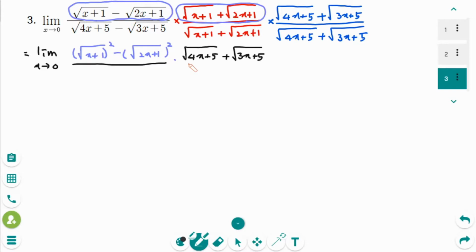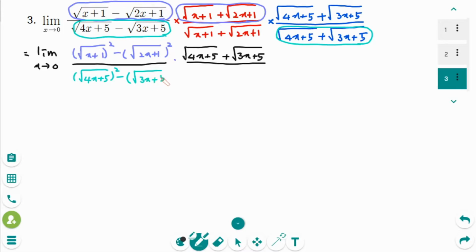Over, in the denominator, expand these two. So square root of 4x plus 5 squared minus square root of 3x plus 5 squared, but keep the middle one as is. So square root of x plus 1 plus square root of 2x plus 1.